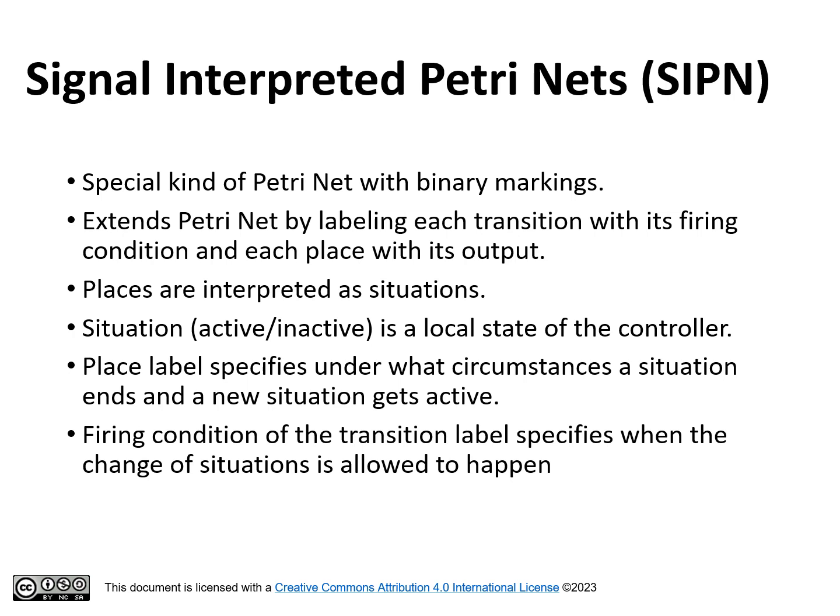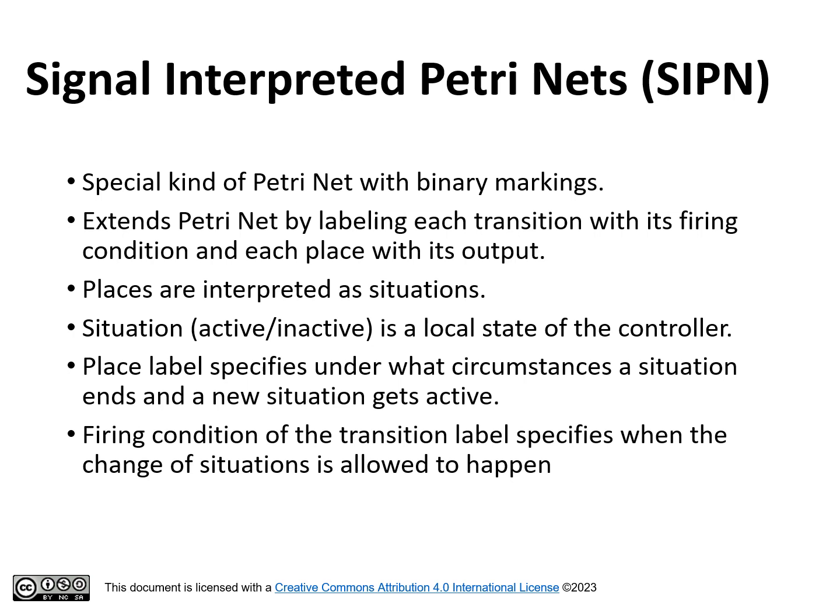A situation is a local state of the controller which can be either active or inactive. While active, it can influence the controller's environment, i.e., setting actuator signals in the process or input signal in another process with a corresponding output. The state of an SIPN is given by the marking, i.e., combination of active situations.